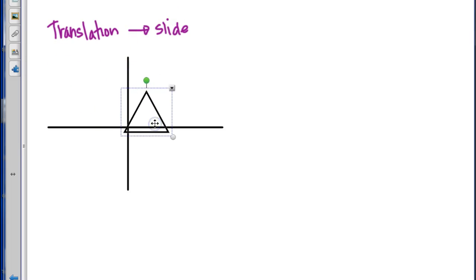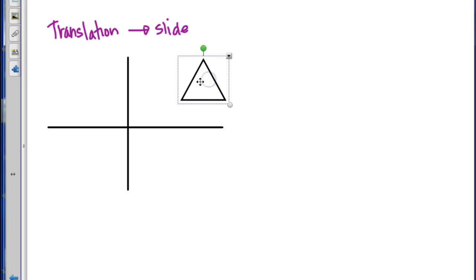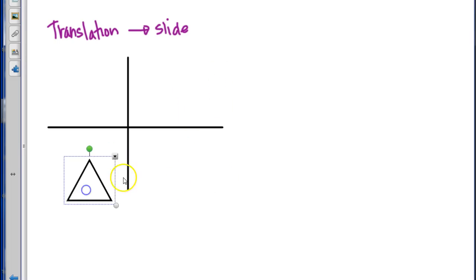So I could slide it over here, move it to the right, move it down, move it back left. Lots of different places that I could slide that figure. And so that's hence the name, right? It's a slide. So translation means sliding a figure. We don't turn it, we don't flip it, there's no mirror. It's just sliding that guy around.